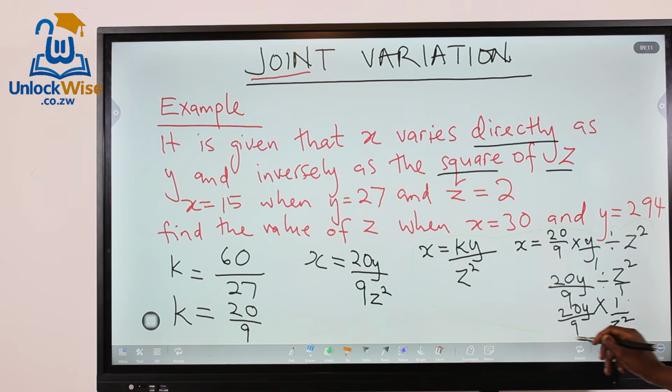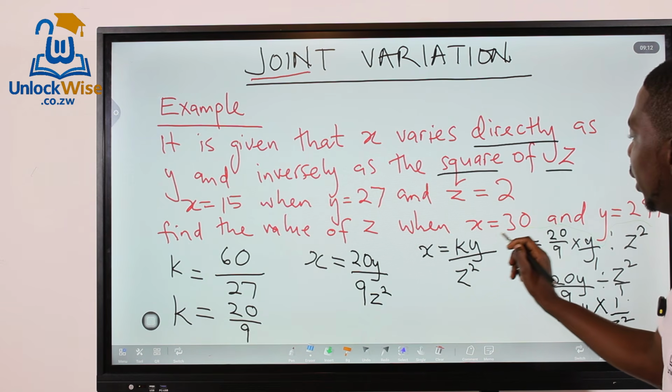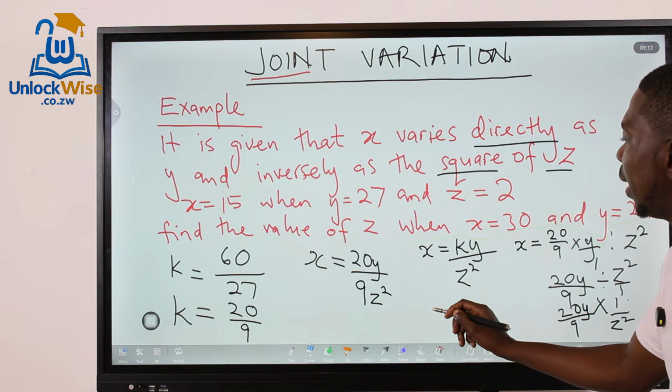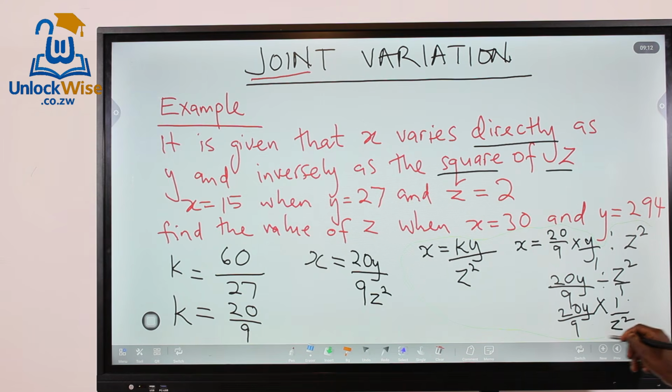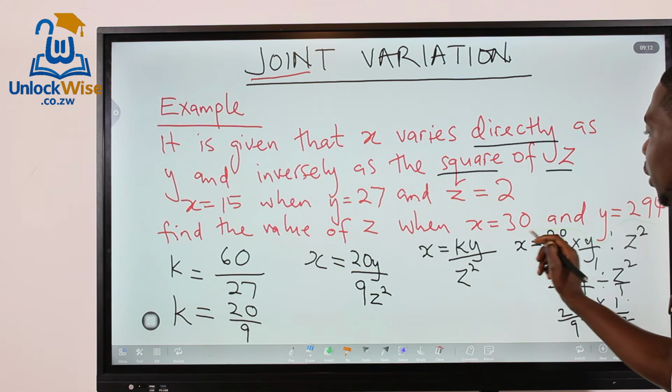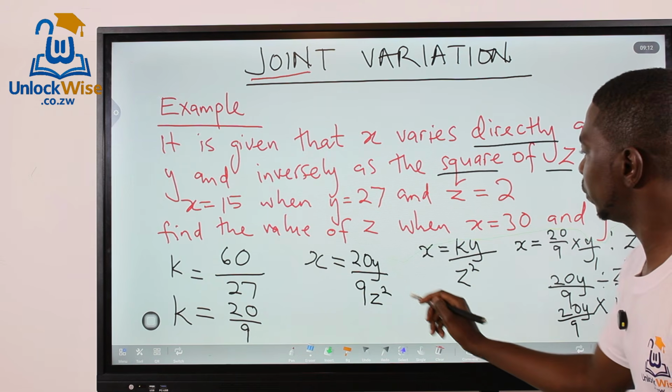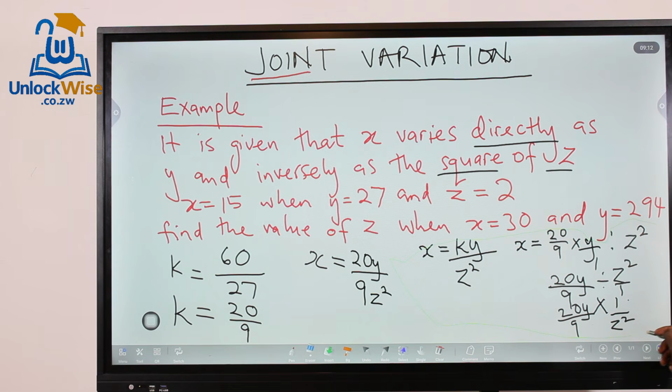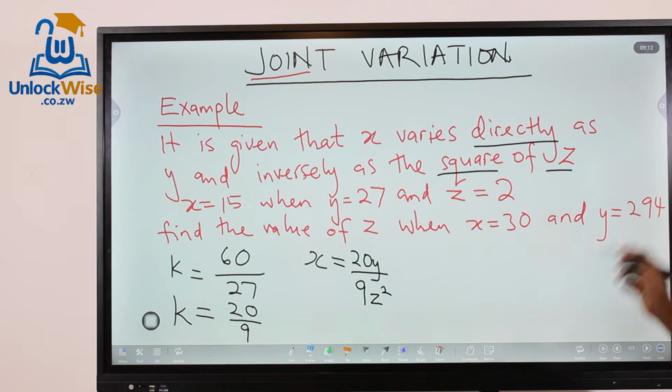So it's okay. Having done that, we want to find the value of z when x is equal to 30 and y is equal to 294, right?